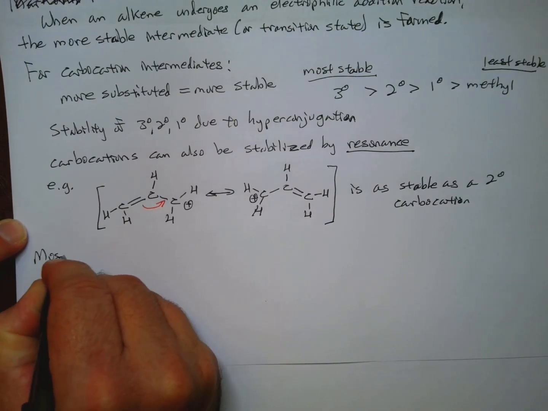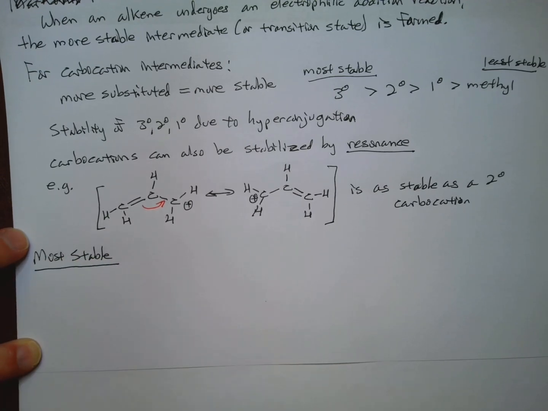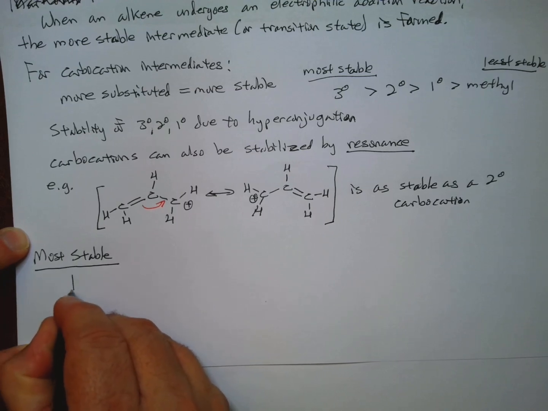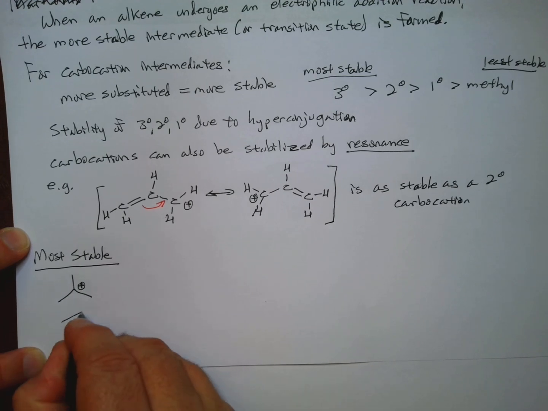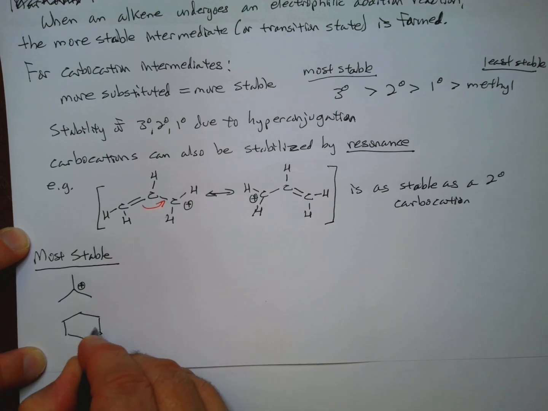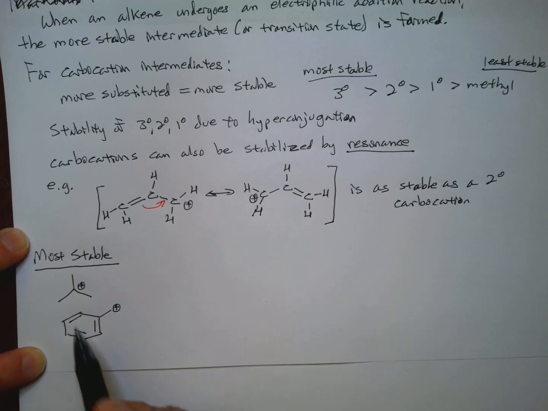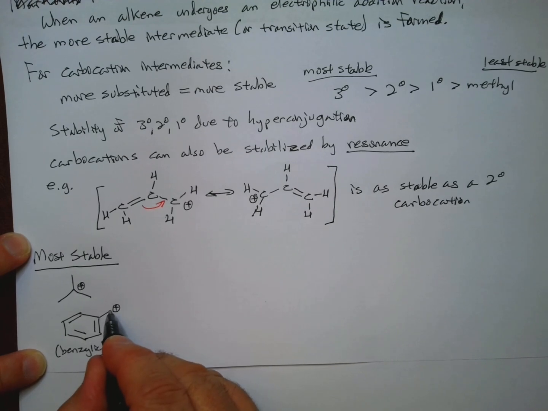Most stable, and I'm just going to do bond line formulas here: we have tertiary and what we call benzylic, a positive charge on a carbon right next to a benzene ring.